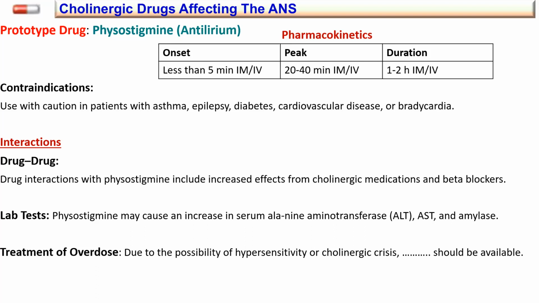Drug-drug interaction: the level of physostigmine may be increased if it's administered with a systemic corticosteroid.